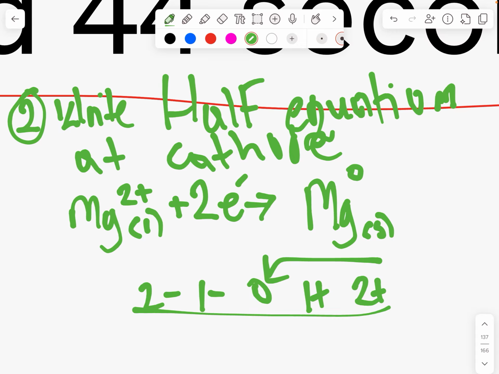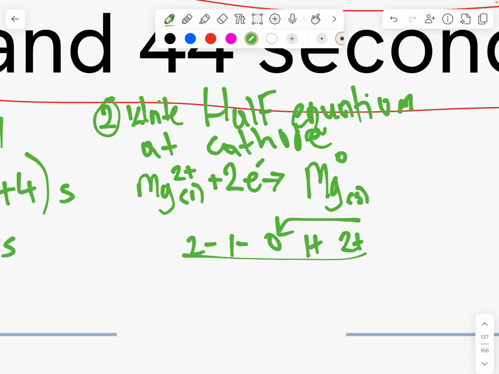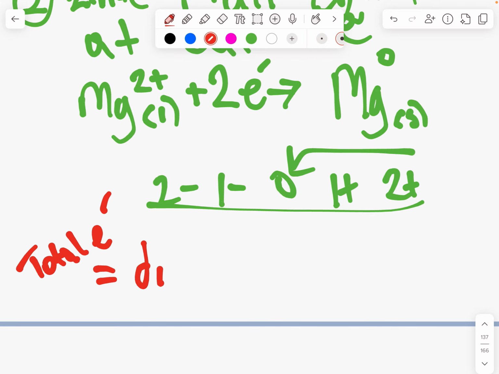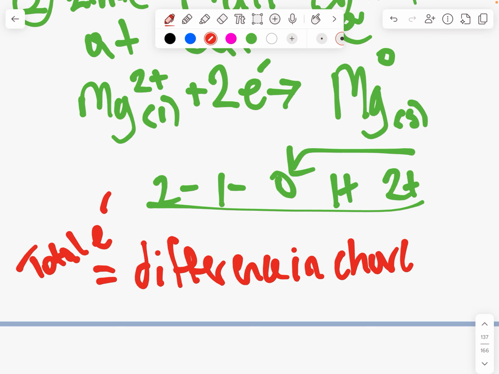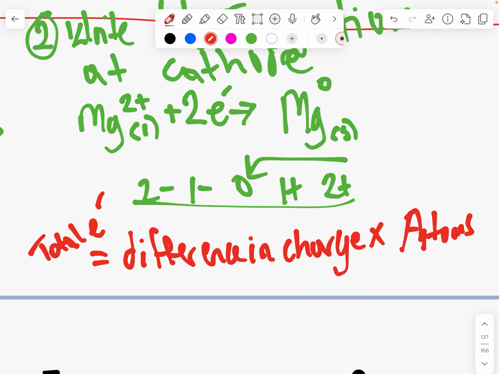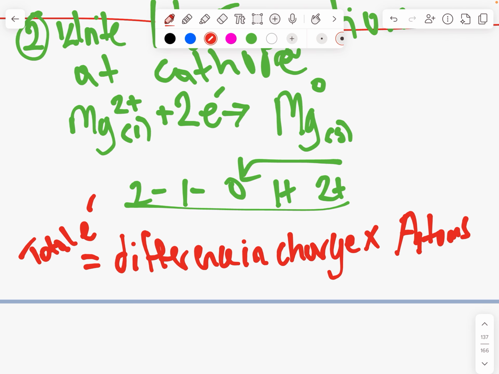Now, note that we need to ensure that this is balanced, and you oftentimes multiply the difference in charge. To find the total number of electrons: total e equals the difference in charge times the amount of atoms, after you have done your balancing, on one side of the equation.